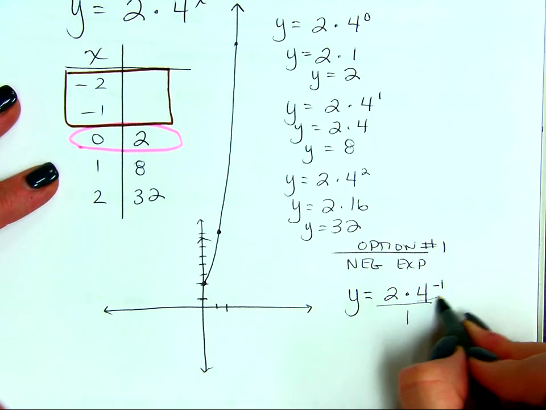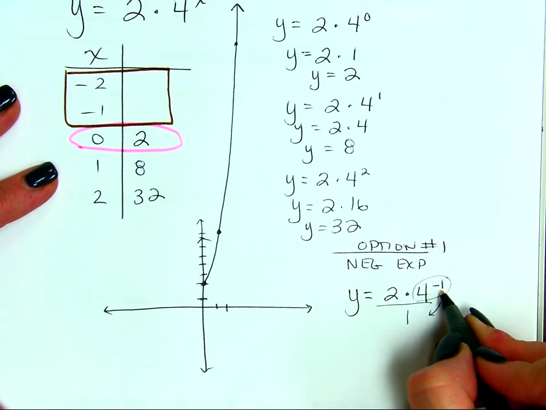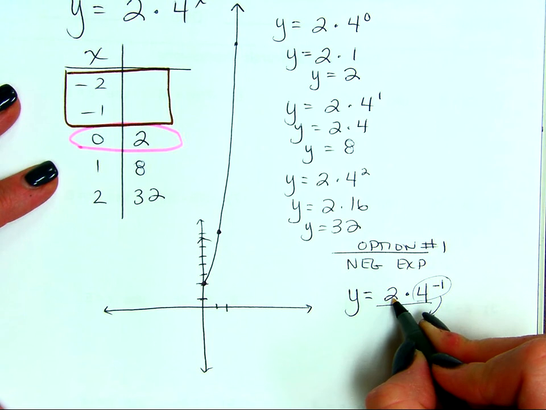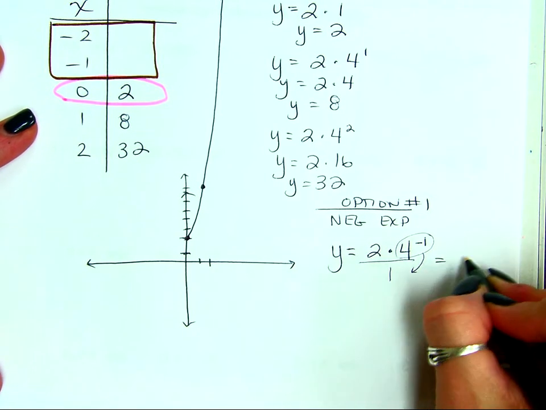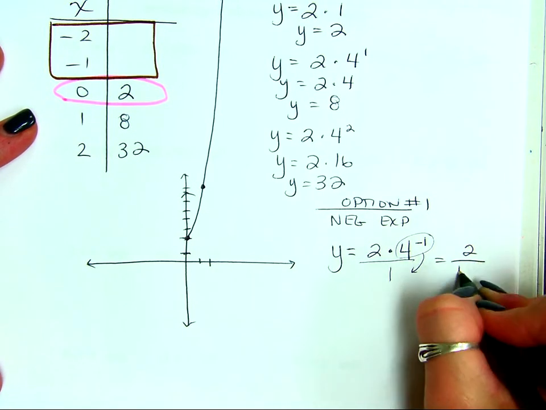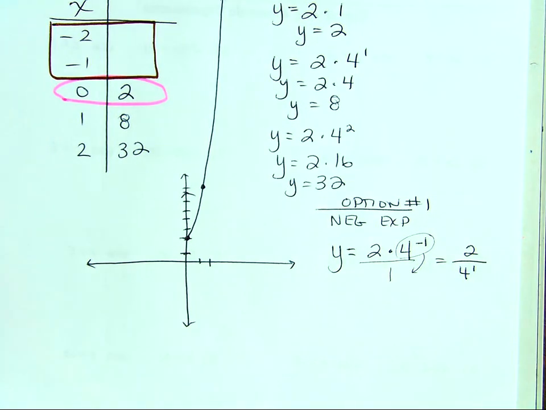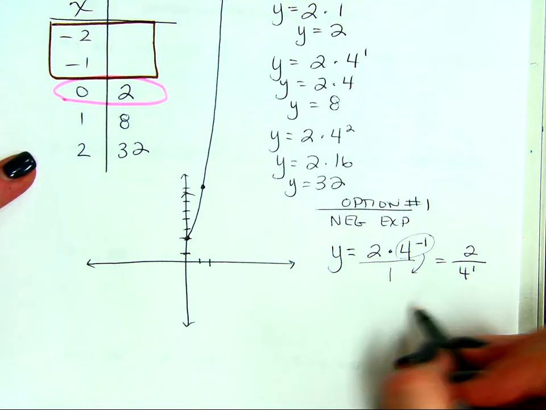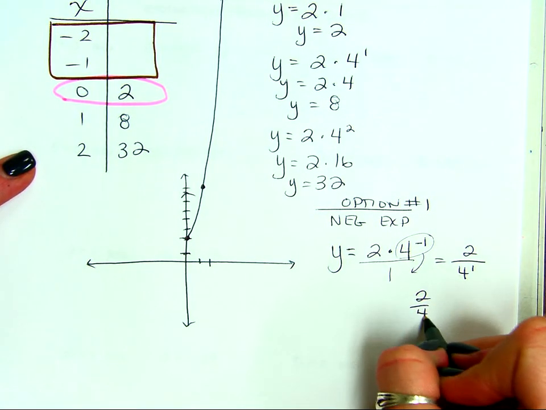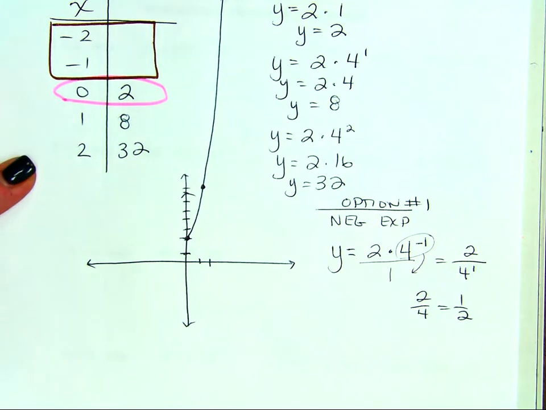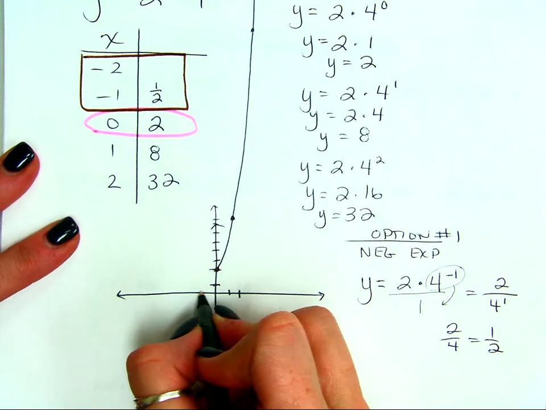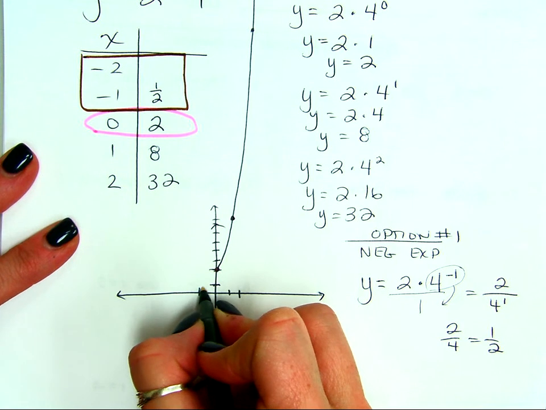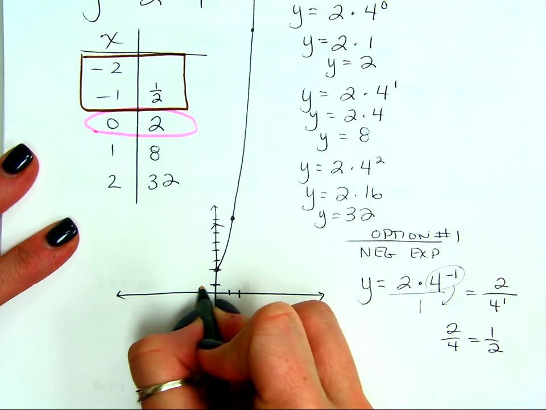The only thing that moves, though, is the negative exponent and its base, not everything, which is going to make this a positive 2 over 4 to the positive first power, which is going to give you 2 over 4, which is 1/2. So I'm going to make that 1/2. And I have my negative 1, comma, 1/2, which is super, super close.